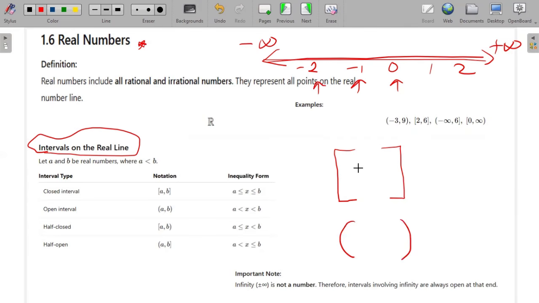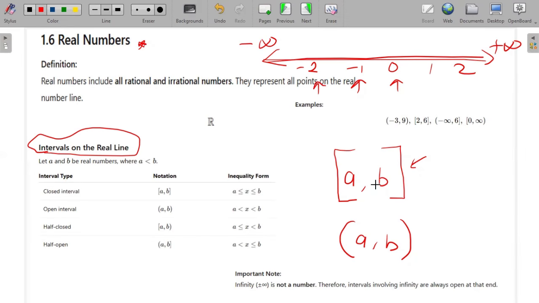I can write A here as my starting point for this interval, then a comma, and B as my end point. Even here, I can write the same. Now when I'm using square brackets like this, it simply means the number at the end, I'm counting it as part of this interval.